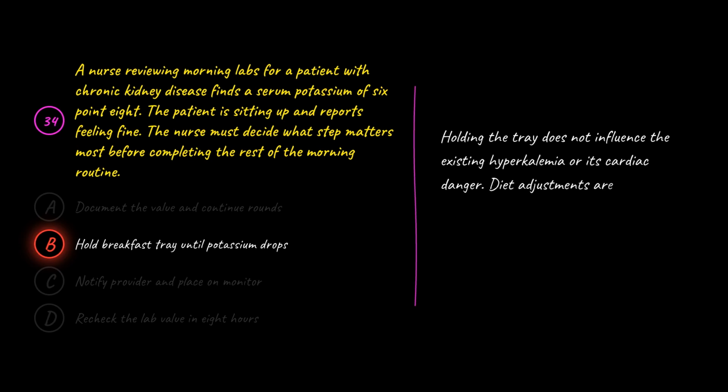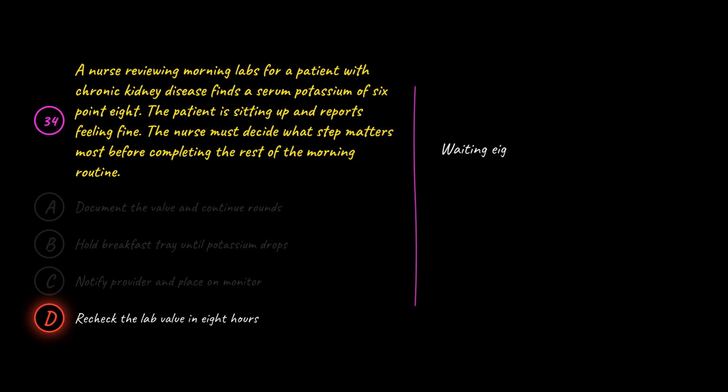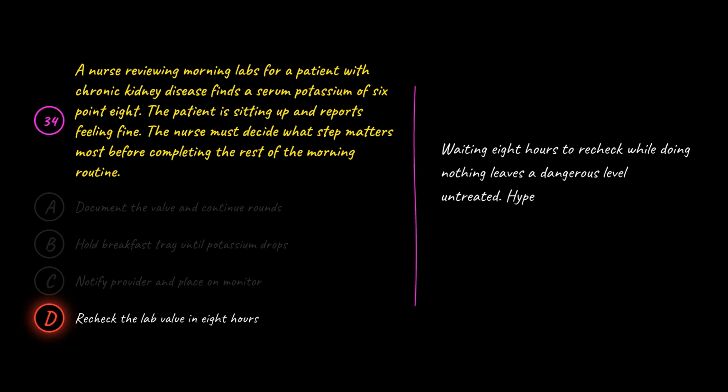Diet adjustments are part of long-term management, not the urgent priority for a value already this far out of range. D is wrong because waiting 8 hours to recheck while doing nothing leaves a dangerous level untreated. Hyperkalemia at 6.8 can produce peaked T waves, conduction blocks, and ventricular fibrillation rather quickly.